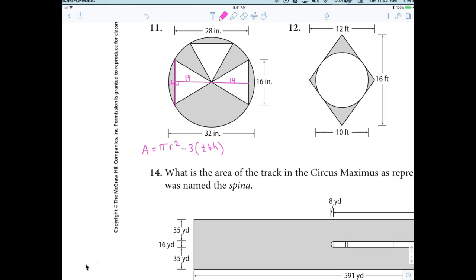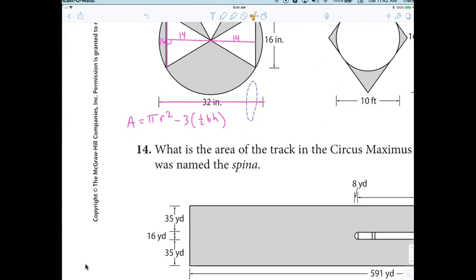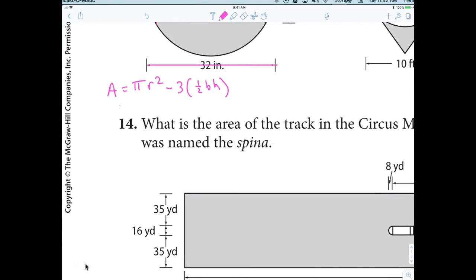Yeah, do you see that? It's okay, Caroline. Look right here. That's what this is showing. This line down here is demonstrating that if I moved it up, it would be the diameter. That's what they're trying to tell you. Okay, so the radius is 16. So here we go. Your area is equal to pi times 16 squared minus 3 times, what's the base and what's the height?